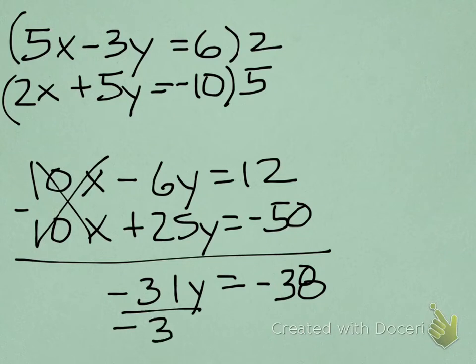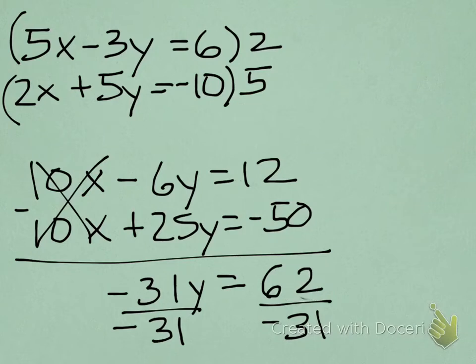Sorry, I fixed my mistake. 12 minus -50 is actually 62. So y would be -2. And then I need to plug this into either one of the equations in parentheses, the ones that are original, to solve for x.